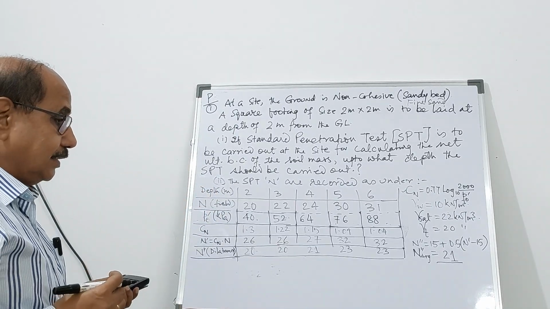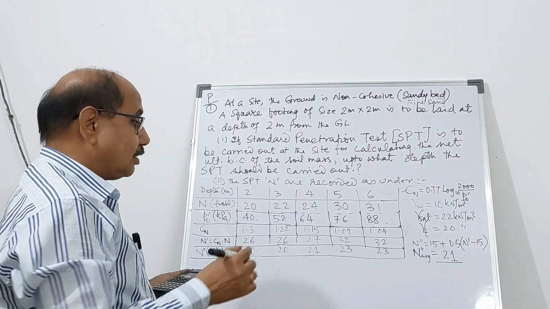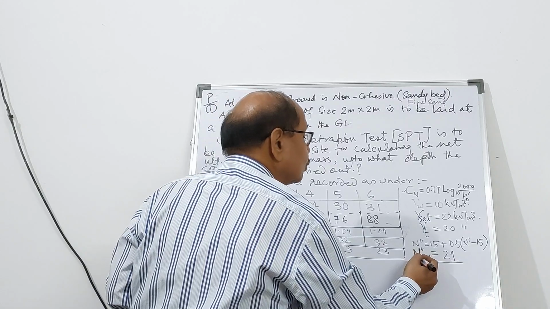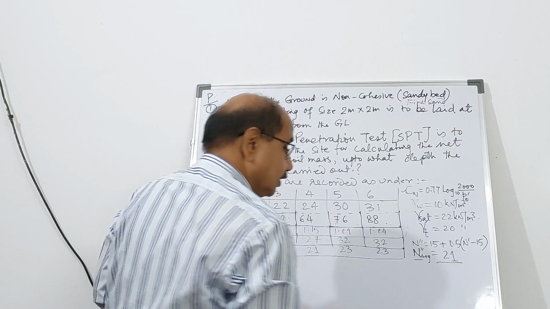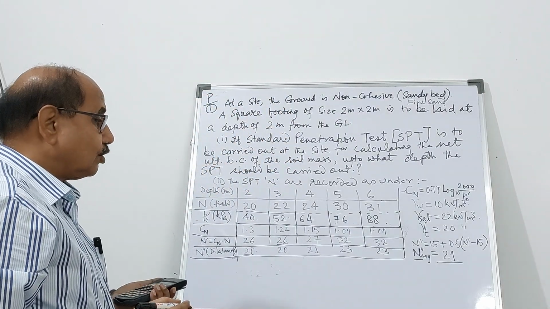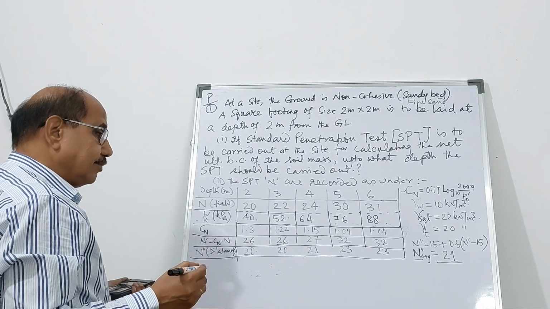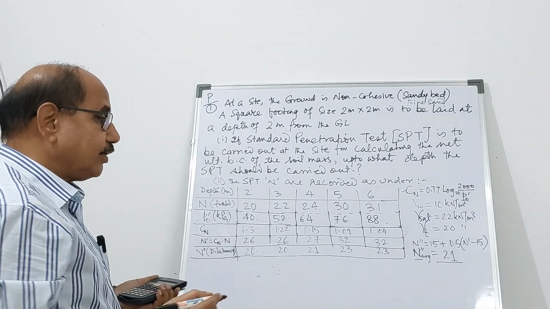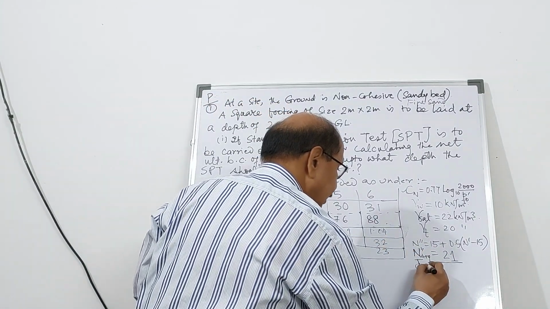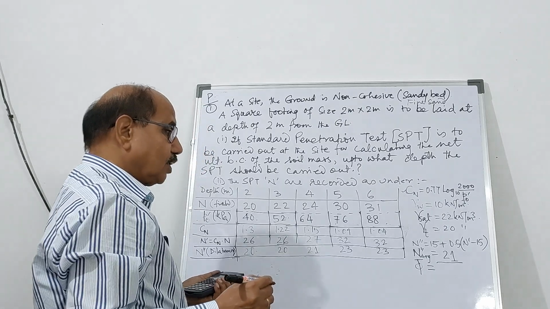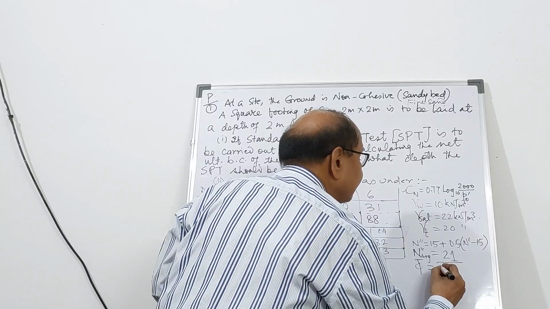Having got this, you can refer the IS code, and there is a correlation between the corrected N value, which is 21, and the angle of friction of the given soil. So angle of internal friction phi for N equal to 21 you can find out from the chart given in the IS code, and this comes out to be roughly 34 degrees.